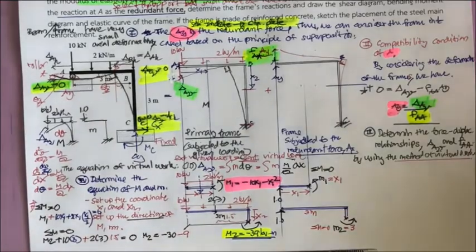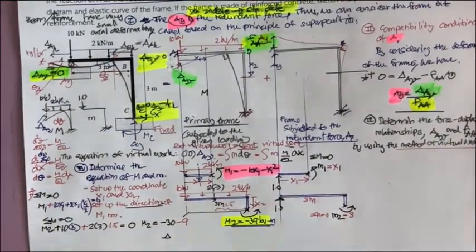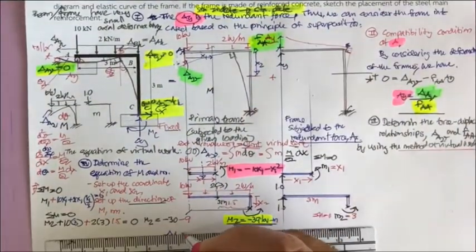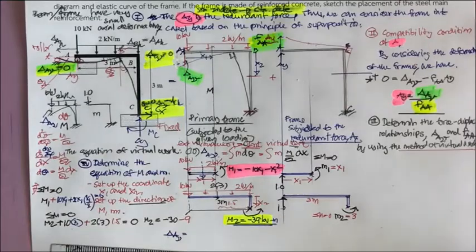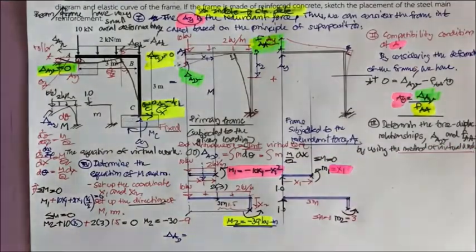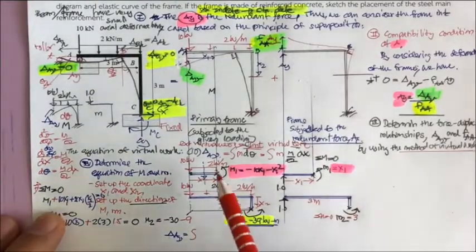Okay, so this one just substitute into this delta at A vertical equal to what? Equal to integration of this one and this one.